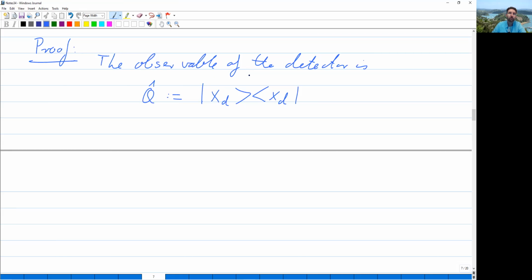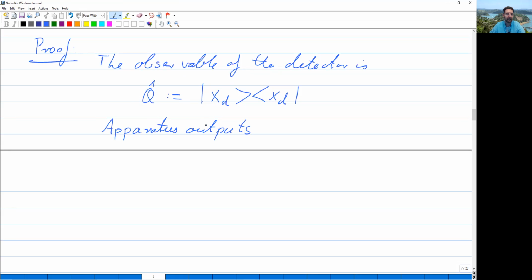So this is the observable of our detector. It checks whether the particle that we are looking for is at position xd or not. And what we have is that the measurement apparatus that corresponds to Q hat outputs one of the two eigenvalues.